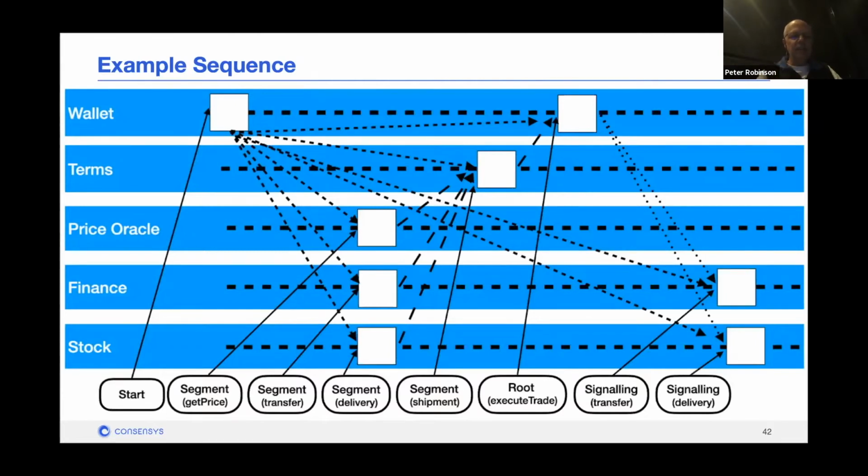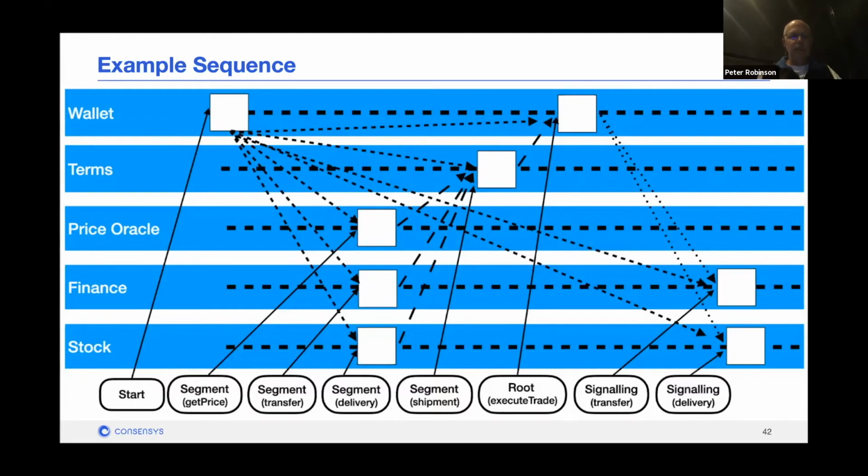You have a start function call, which commits you to the call graph. Then you have segments which execute the individual parts of the function call. You go incrementally up the call graph from the bottom towards the root, and then you execute the root. If all of that executes okay, you're able to commit any changes that you've made.